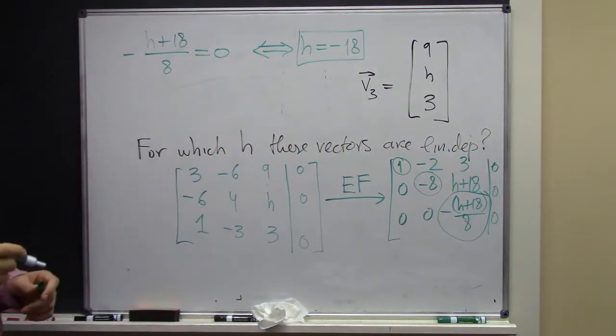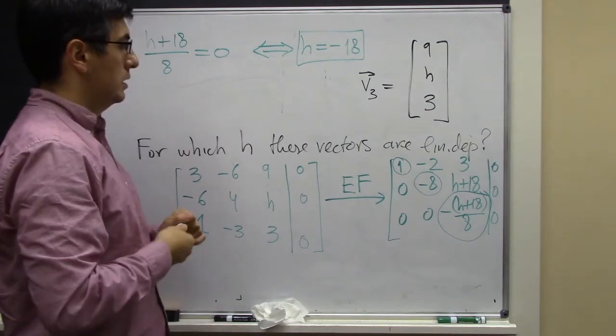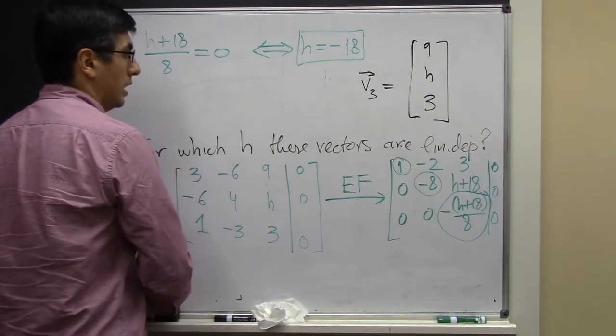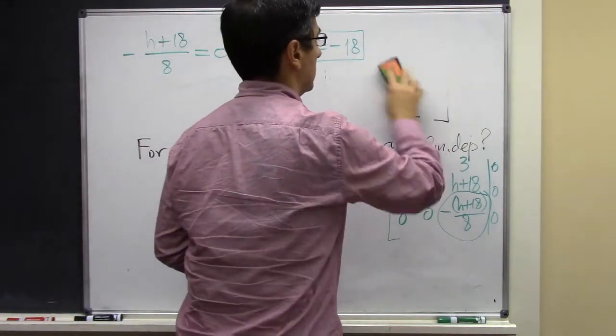So for this value of h, the vectors that I had on the board will be linearly dependent.